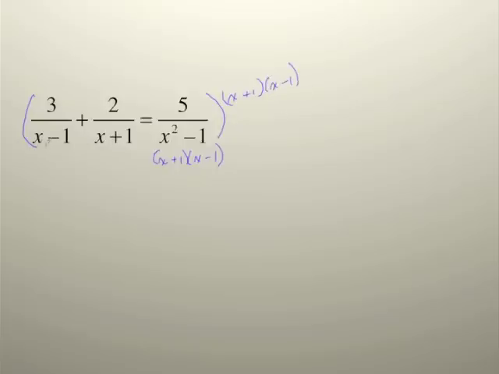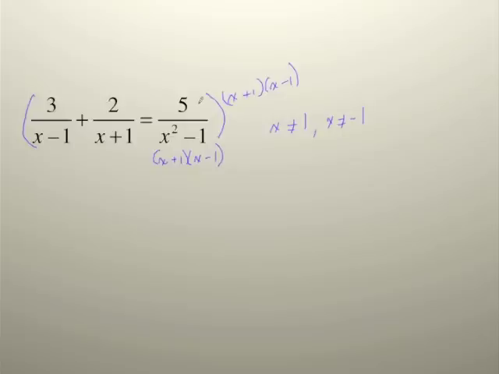But let's look. X minus 1, that cannot equal 0. So x cannot equal 1, and x cannot equal negative 1, because the first one would make this denominator 0, the second would make this denominator 0. So if we come up with those solutions, we have to throw them out.